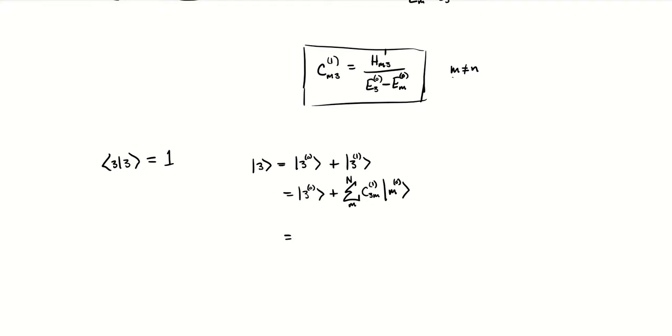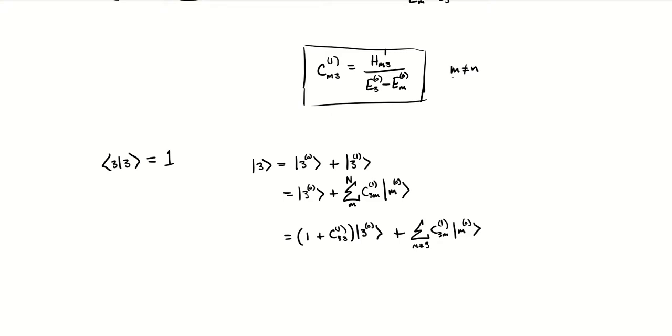If we factor out the m equals 3 term here, we end up with 1 plus C_33 first times the third unperturbed eigenstate plus the sum over m not equal to 3 of C_3m first on the rest of those unperturbed eigenstates, right?